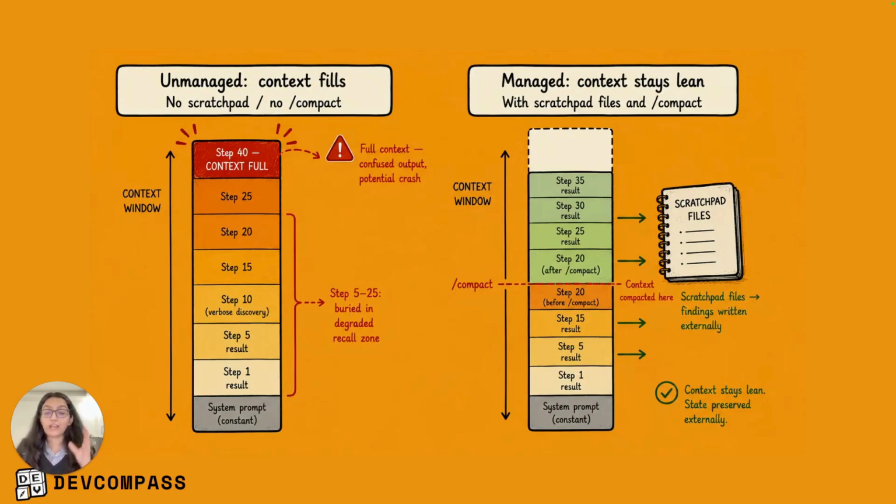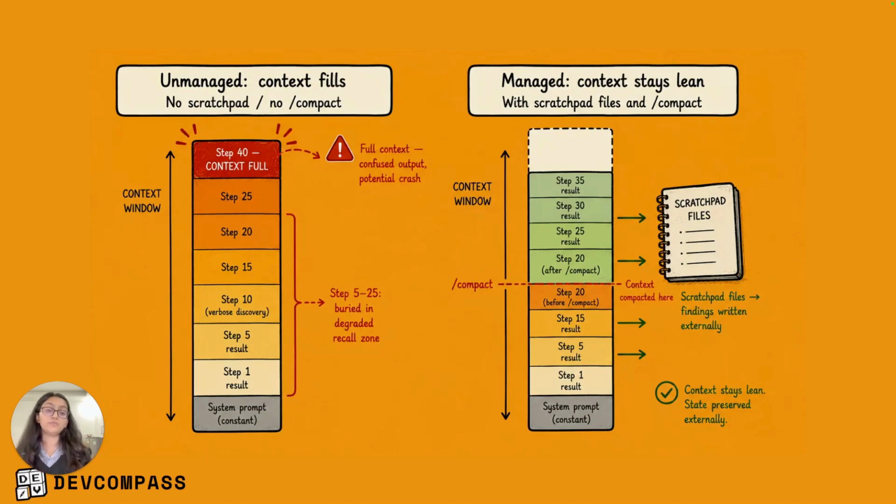Second, /compact at defined checkpoints. At regular intervals, every 15 to 20 steps, the context is compacted. The full conversation history is summarized into a dense, structured block. The individual turns are collapsed. The context shrinks.